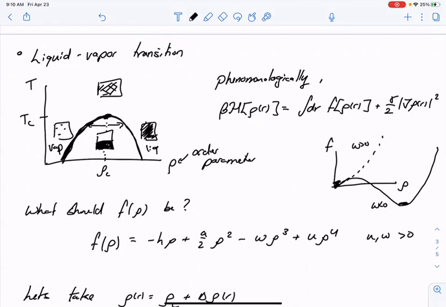We know that mean field theory will work kind of. What is an interesting calculation to do in the context of liquid vapor transition that we hadn't done in our magnet is to actually ask about this coexistence state. What does Landau theory predict the system to look like when I actually put a liquid in contact with its vapor below the critical point?